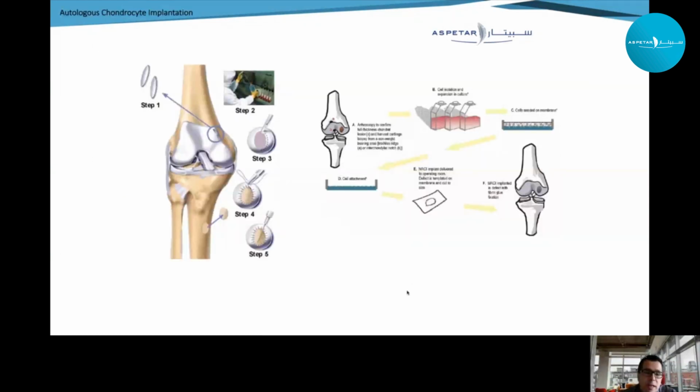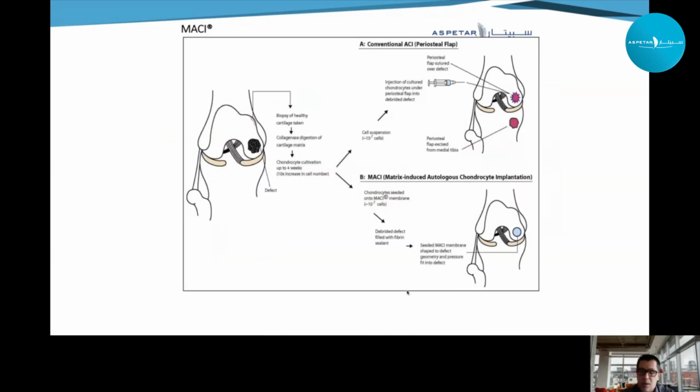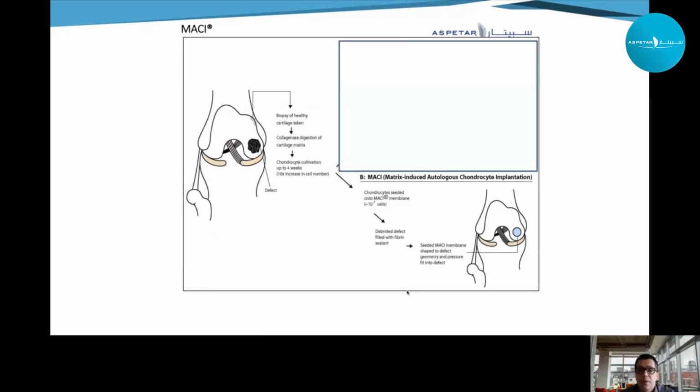Coming now to the golden standard technique, which is the autologous chondrocyte implantation. As you most probably know, it's a two-stage technique. In the first part, you take a small part of the cartilage, which is sent to a special laboratory, and then when it comes back in a liquid form initially, and then back in membranes, it can be implanted in the defect area, as you can see in this slide.